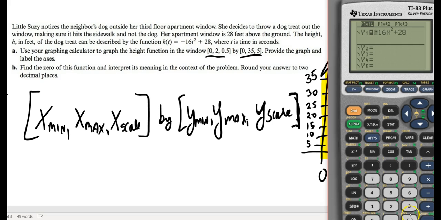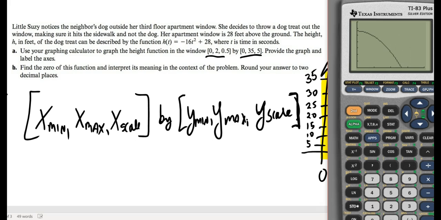Make sure when you enter a negative that you use the bottom row key in parentheses, that's the negative, not the minus. It will give you an error. I changed my window based on the specifications they gave me, and then I hit graph. And you can see now a picture of what the function is doing in the window they want us to see.